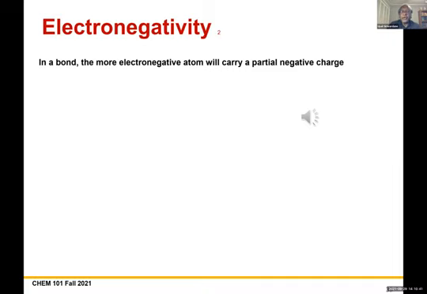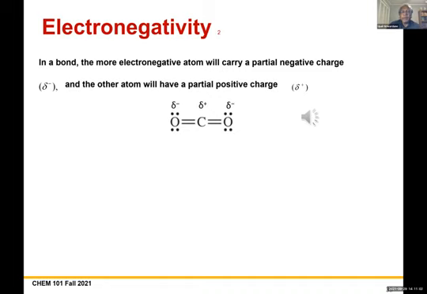The more electronegative atom will carry a partial negative charge, delta negative, and the other atom, the less electronegative atom, carries a partial positive charge. For example, carbon dioxide.